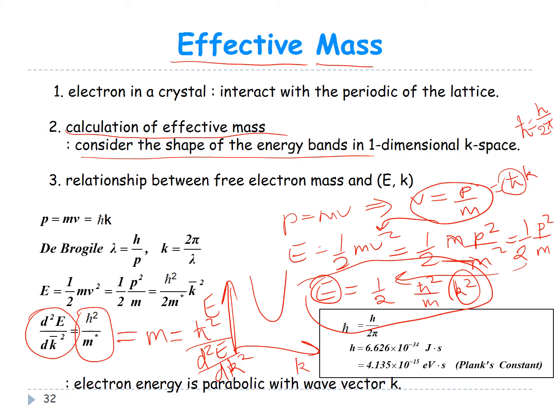Now you see that if you take the first derivative, you get the slope of a line. But when you take the second derivative, it actually gives you what we call the curvature. So this second derivative here is the curvature.